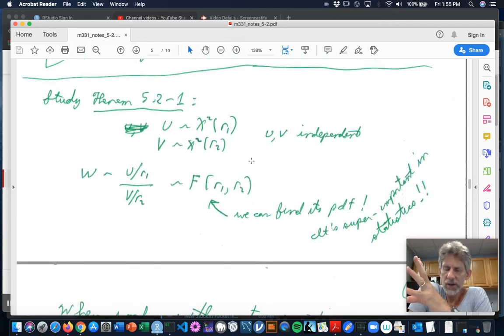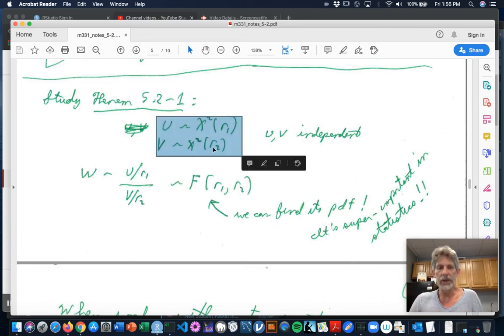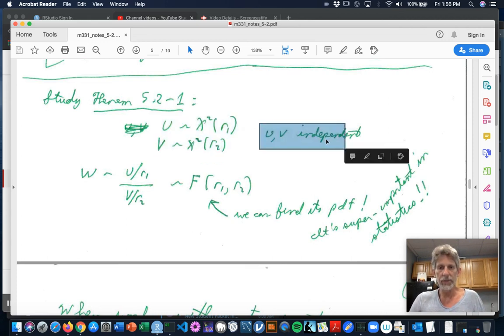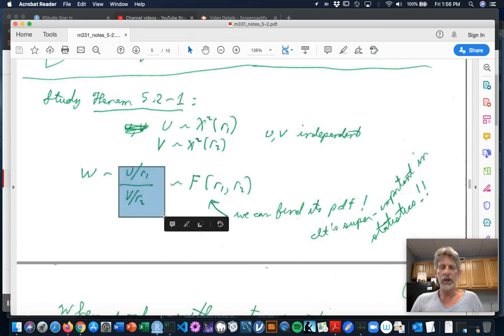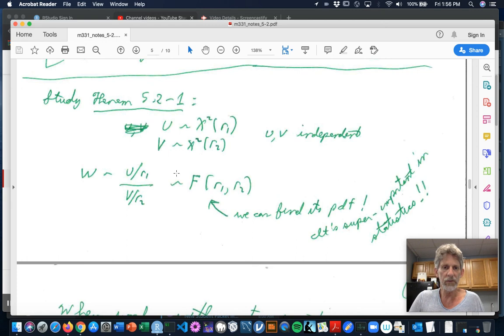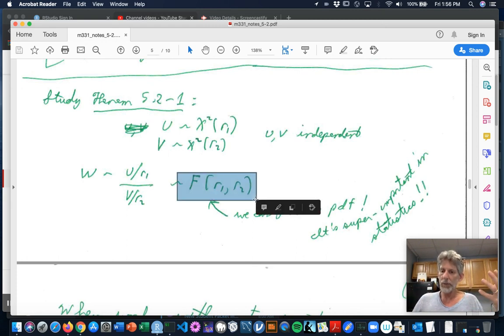So the book does a ton of examples with the change of variables technique. And I would suggest that you pay special attention to theorem 5.2, number 1. If you start off with U and V being chi-square random variables with r1 and r2 degrees of freedom respectively, and say they're independent, and say you take each one of them and divide by its degrees of freedom and then take the ratio, that new random variable has a probability density function that you can actually figure out with all of the change of variables calculus.